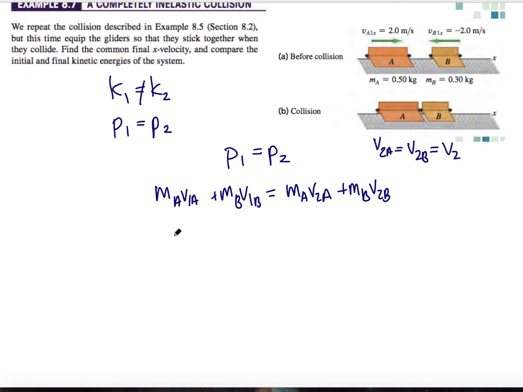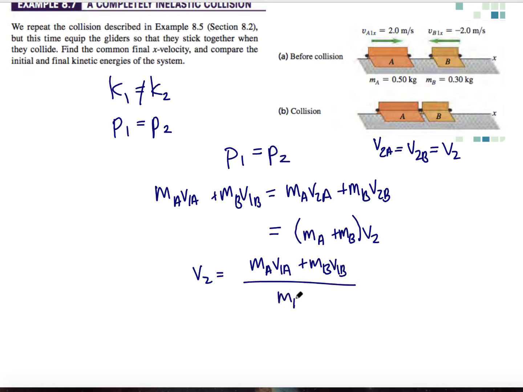So what we now have is a situation where we can rewrite the right-hand side as simply mass A and mass B moving together as one big mass times v2. So if we find their common final x velocity, v2 is equal to the sum of the two momentums, mass A and mass B, initially, divided by the total mass once they stuck together.